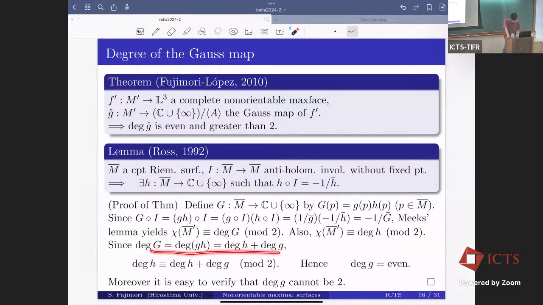And so this holds. Then the degree of g is congruent to this mod 2, and the degree of G is also congruent to this mod 2. So the degree of h is congruent to the degree of h plus the degree of g mod 2. Hence, this should be even.